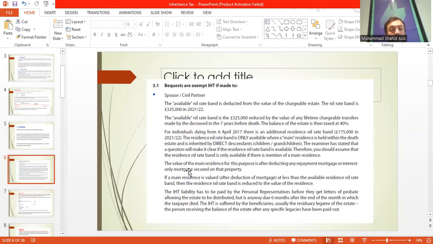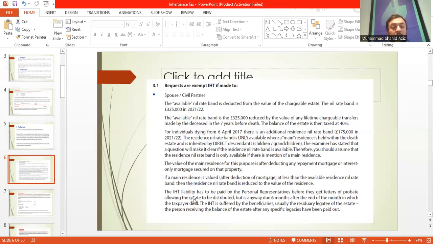The value of the main residence for this purpose is after deducting any repayment mortgage or interest only mortgage secured on the property. If the main residence is valued after deduction of mortgage at less than the available resident nil rate band, then the resident nil rate band is reduced to the value of the residence.